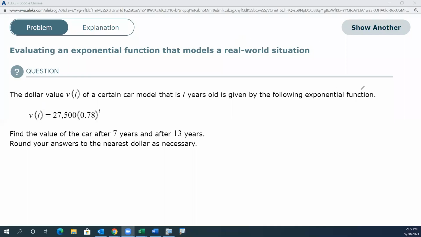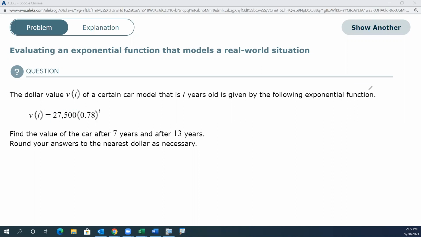All right, so on this one, the dollar value v of t of a certain car model that is t years old is given by the following exponential function. Let's see what we notice here. What's the starting amount? Well, that's the number out front that is not raised to the t or x power.